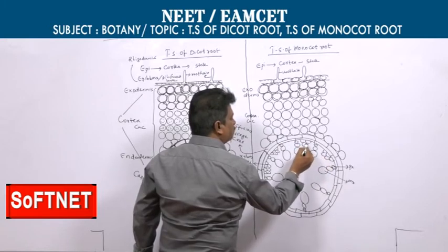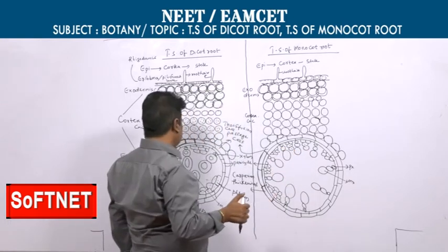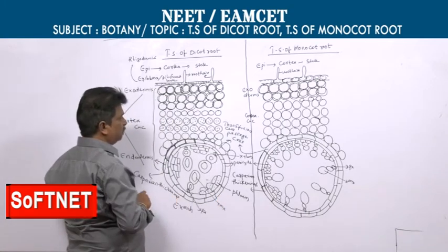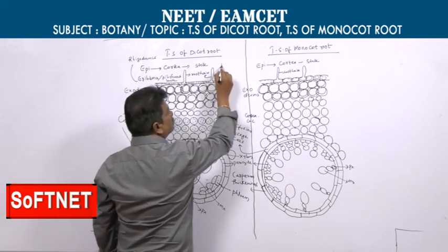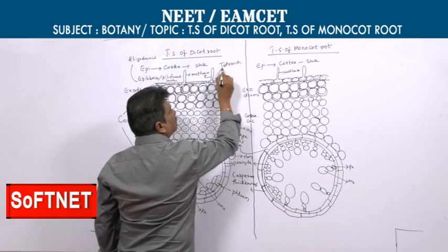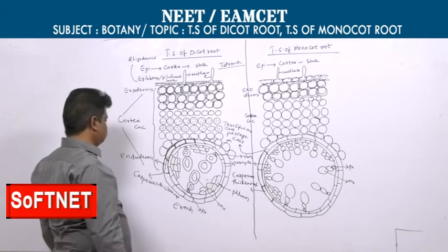Now, the difference is in dicot root, limited vascular bundles are present. Common is tetrarch, only 4 xylem and phloem bundles.